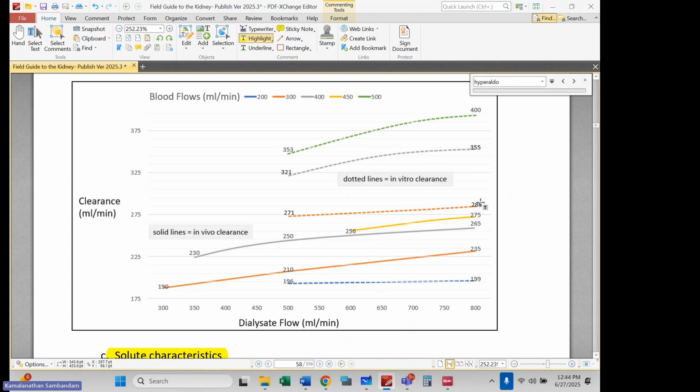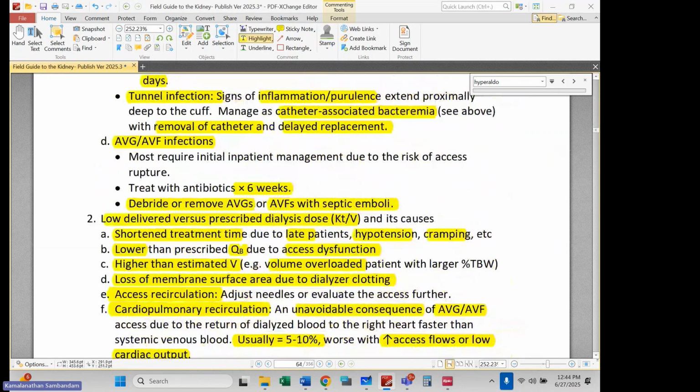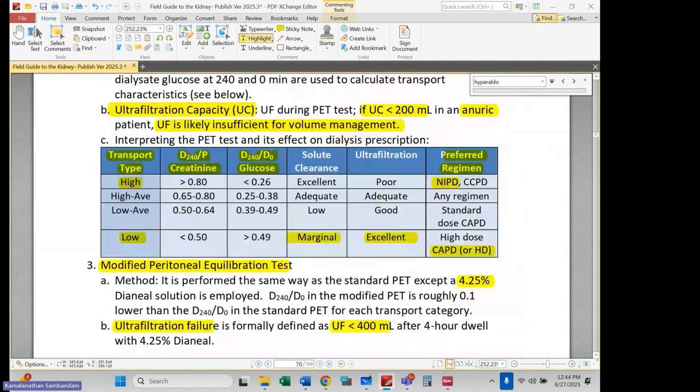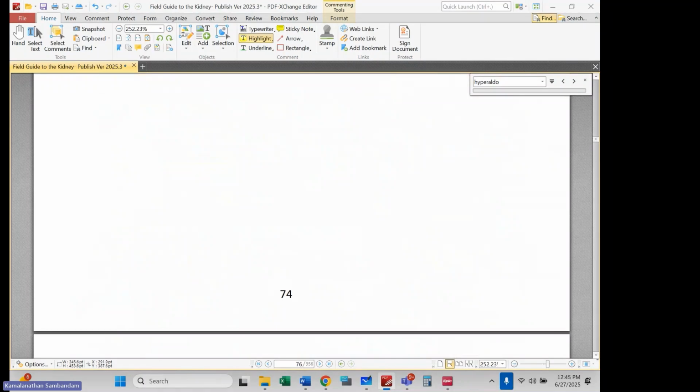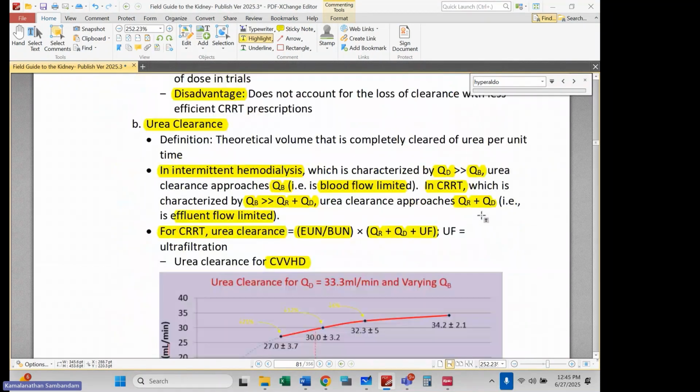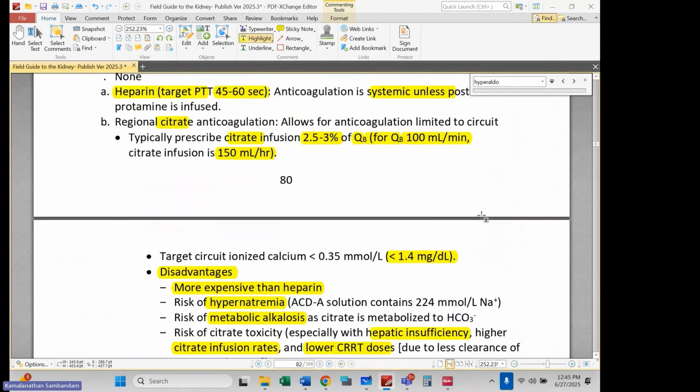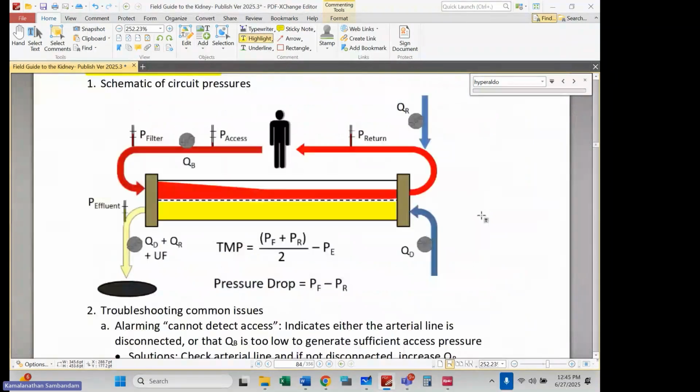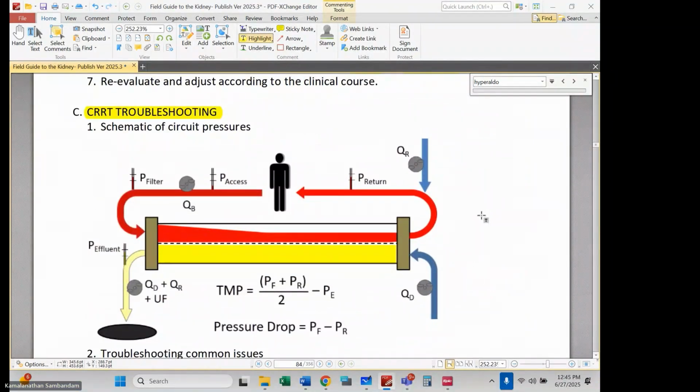My biggest solid line here is the orange, 450 blood flow rate with a dialysate flow rate of 800. My in vivo clearances are close to 300 mils per minute. So it makes sense, if you have a really, really sick patient, to put them on intermittent dialysis for more clearance, small molecule clearance, even given the capacity of Prismaflex.